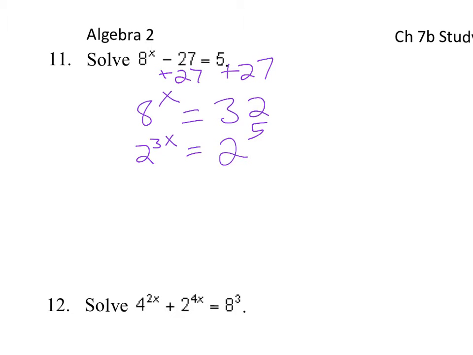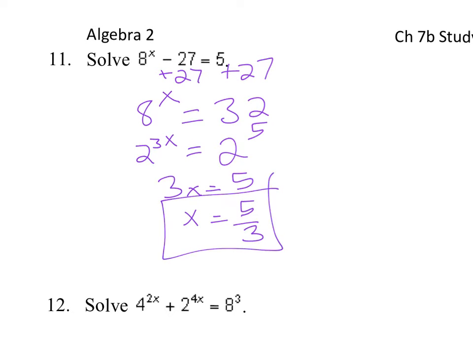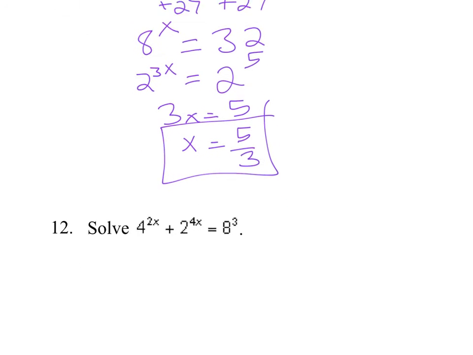Same base, I can set my exponents equal. Divide both sides by 3. And I've got my answer. It's that simple. This one was not hard at all. You just have to remember to get the bases to be the same so I can set the exponents equal.